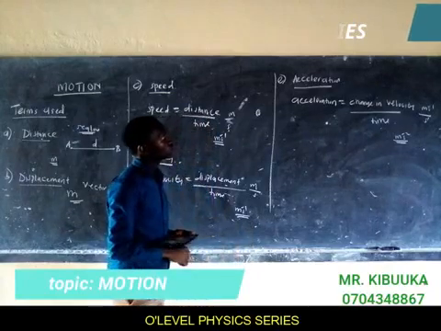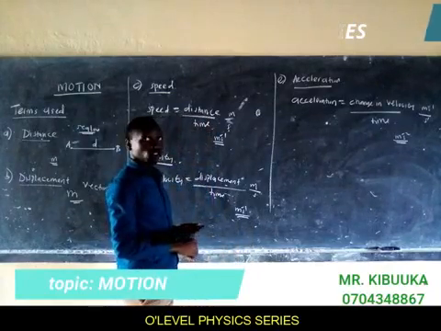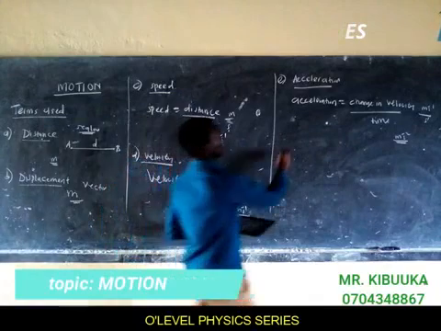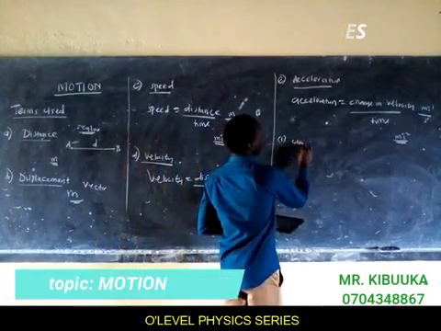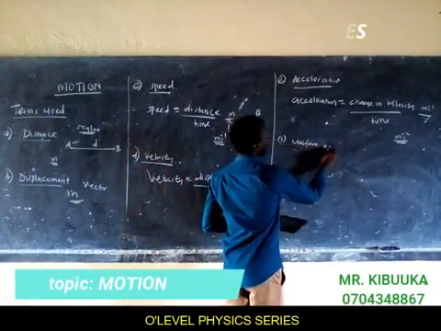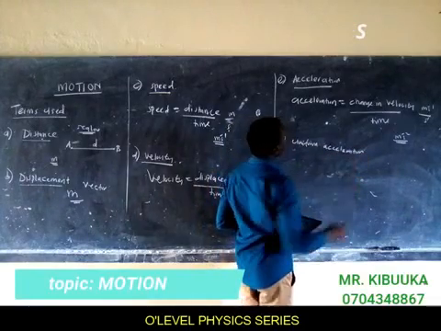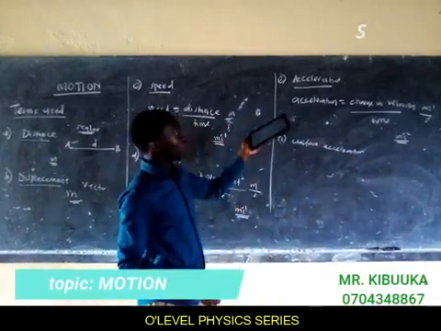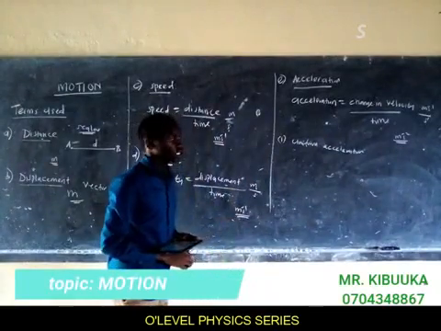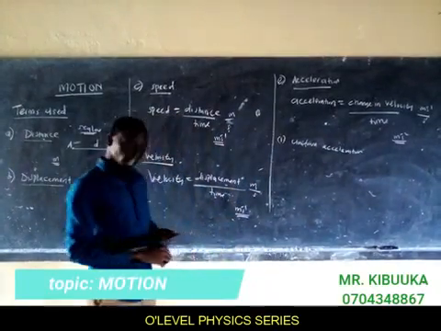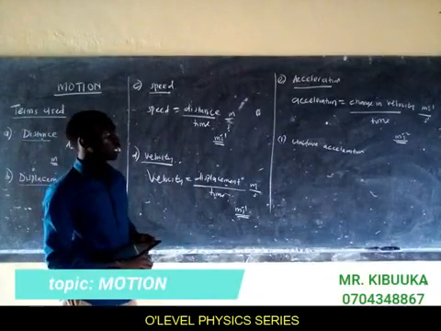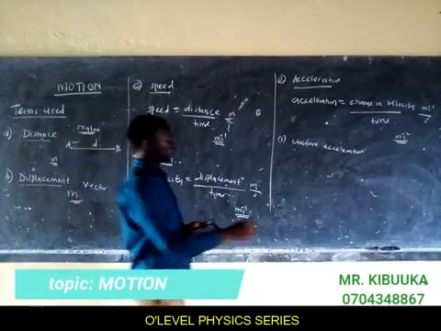Accelerations are of two categories. One, Roman number 1, uniform acceleration. As I spoke before, acceleration is the rate of change of velocity. Therefore, when the rate of change of velocity is constant, we say it's uniform acceleration.